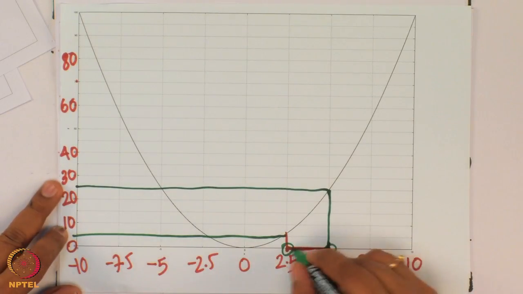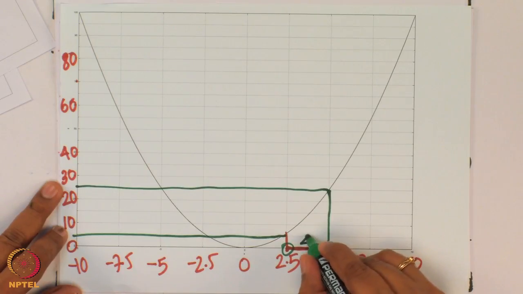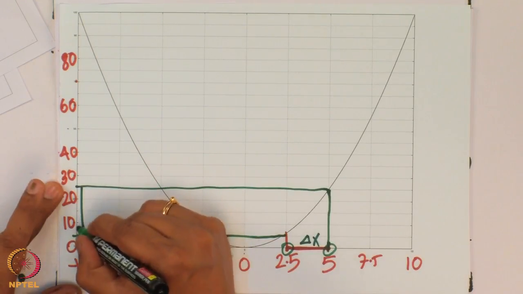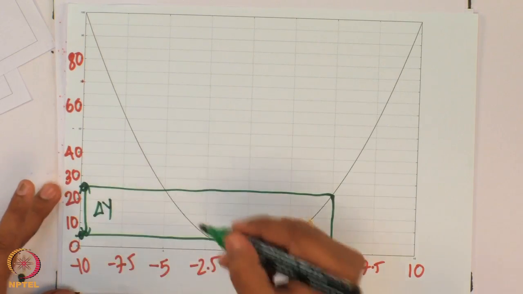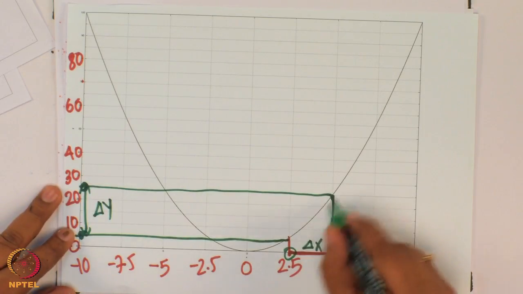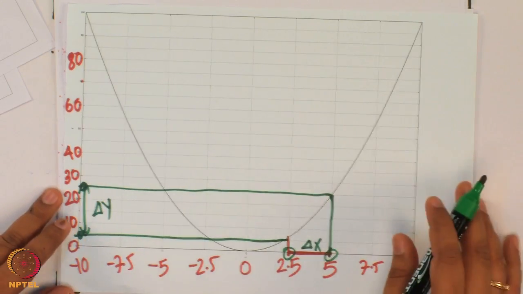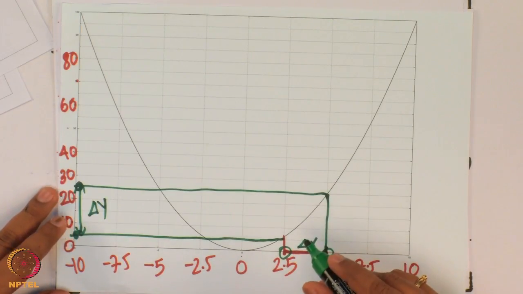If I take these two x values, which is my delta x, this is the corresponding y value, this is my delta y. So calculate this difference and divide. That would be the slope. That is one way of calculating the slope.